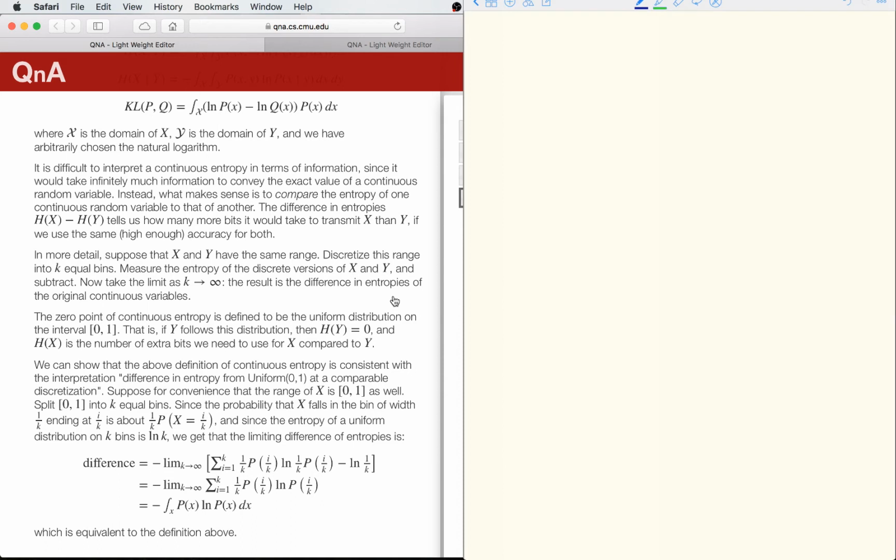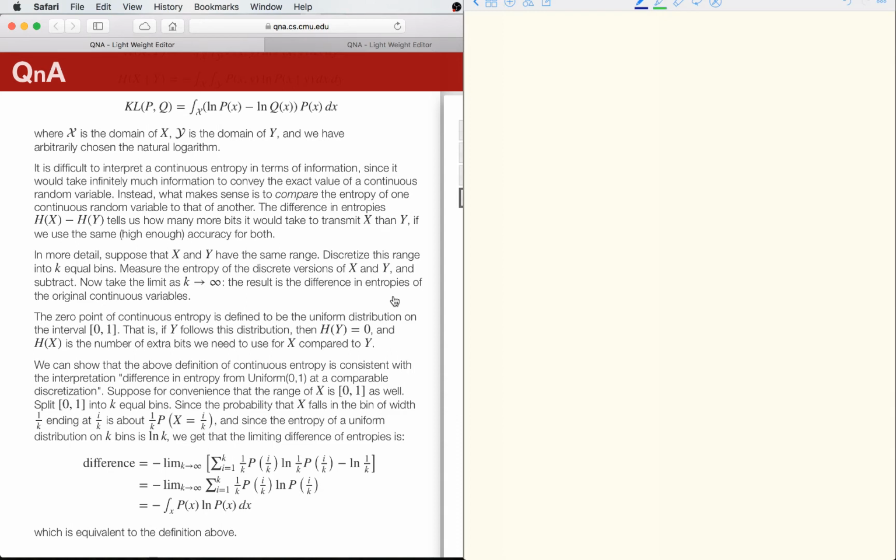Their entropies will actually be higher the higher k is, typically, because if you measure them to a tighter precision, then you need more bits to transmit it. But that's fine. You measure them both for the same k, and then you take the difference. And then you take the limit as k goes to infinity, and that is the difference in entropies of the original continuous random variables.